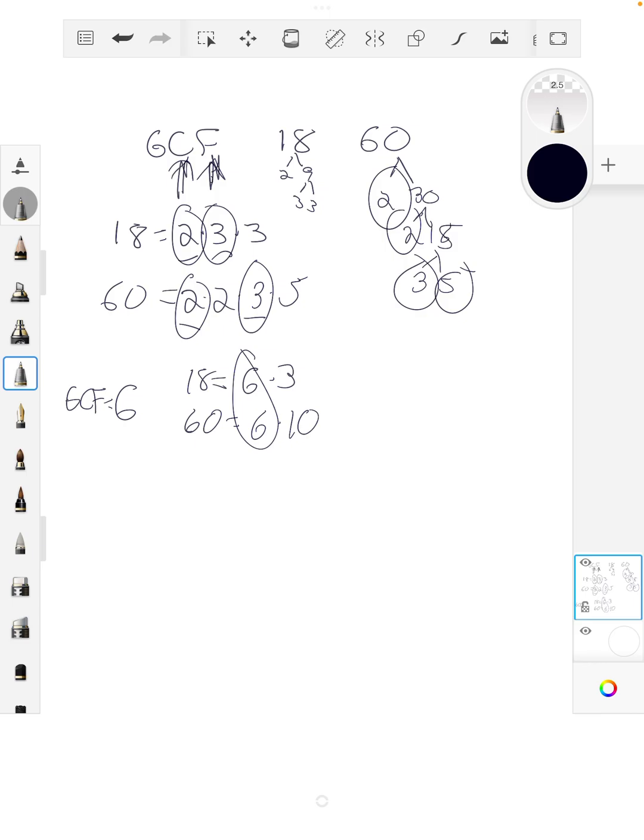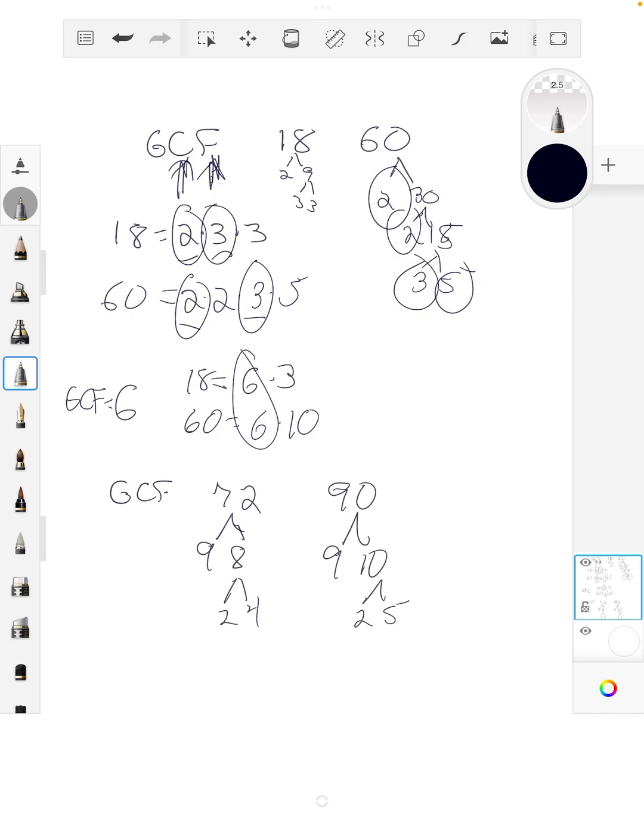There are some you can do in your head. Let me do one of those that's a little bit easier. Let's say I have, what's the greatest common factor between 72 and 90? Well, I know 72 is 9 times 8, and I know 90 is 9 times 10. So I don't have to go 3 times 3 times 3. I can just say, okay, fine. 8 is 2 times 4, and 10 is 2 times 5.